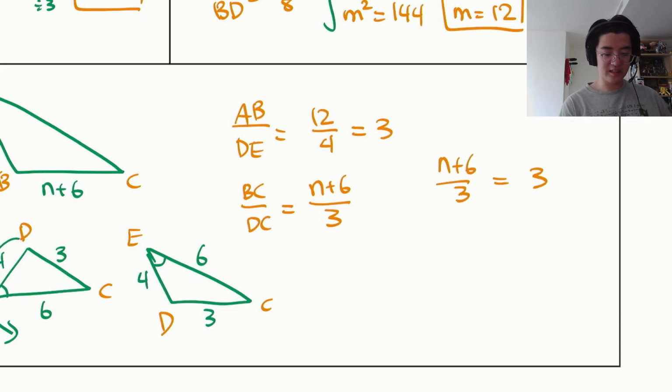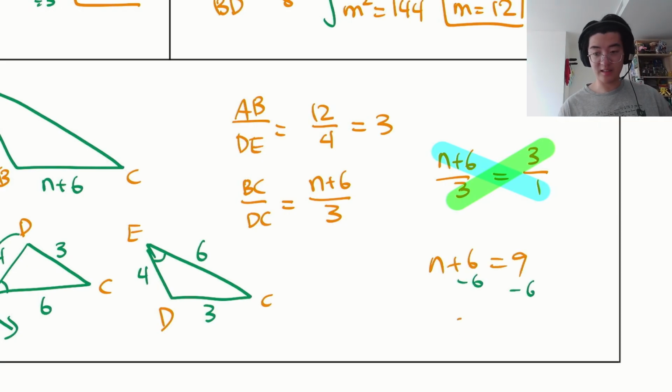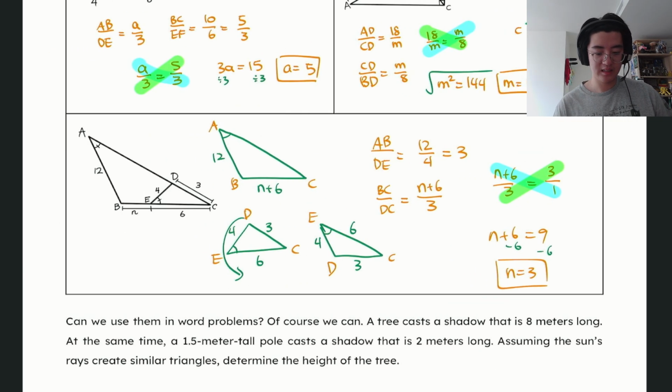So 3 is the same thing as 3 over 1. It'll be easier to illustrate that way. n plus 6 times 1 is just n plus 6. And then 3 times 3 is 9. Subtract both sides by 6. And we get a good old 3. Okay, yeah, B.